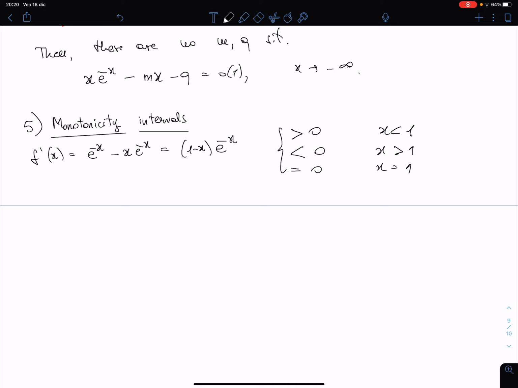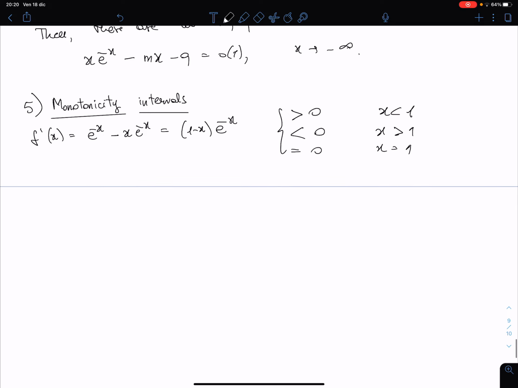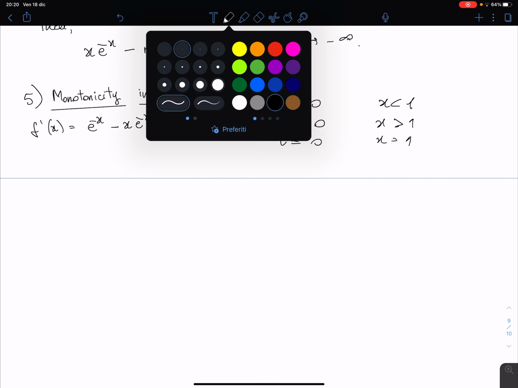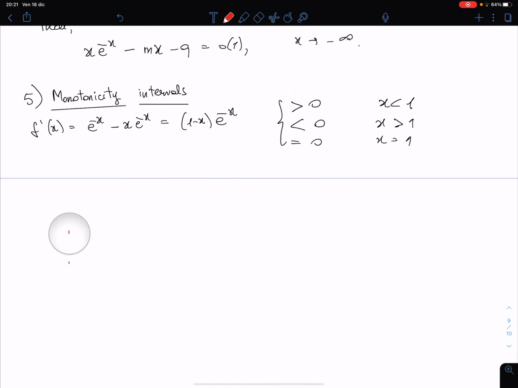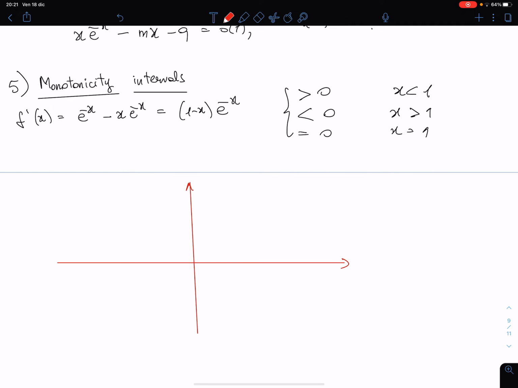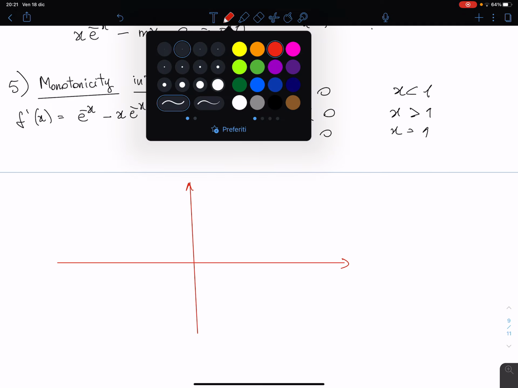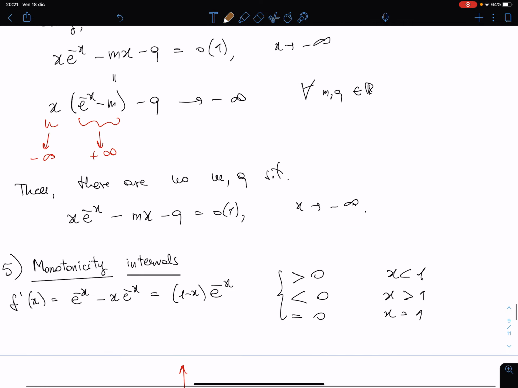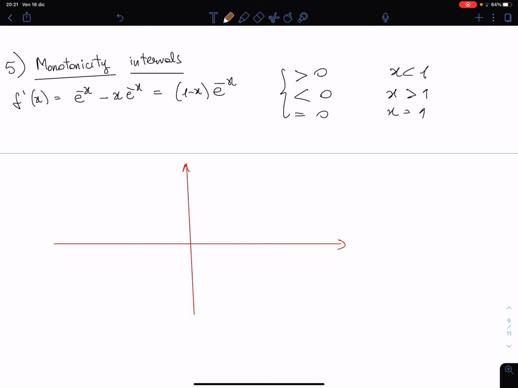Okay? So now we can draw a picture here, the qualitative study we wanted to obtain. So here you know that this goes to minus infinity.